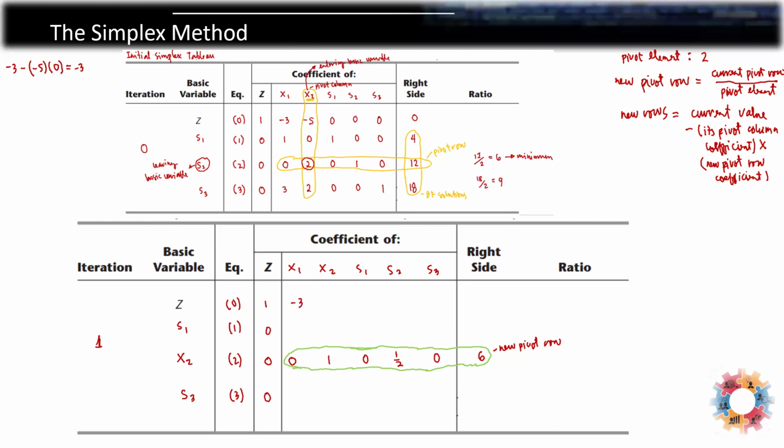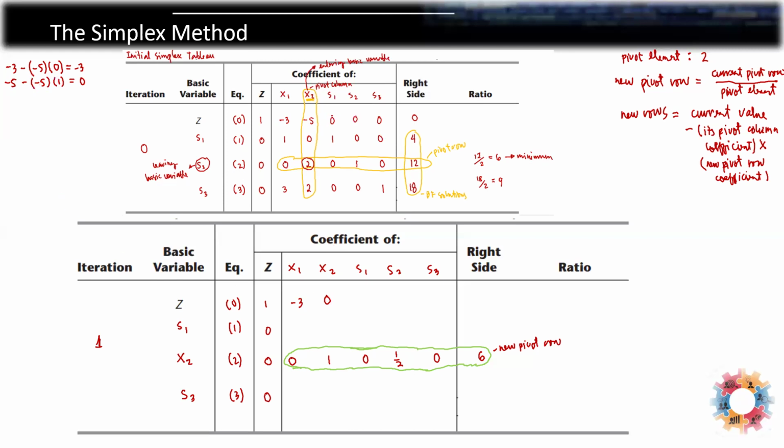And then next, the -5. -5 minus -5, the pivot column coefficient, times the new pivot row coefficient, which is 1. So that's -5 plus 5, which is 0.